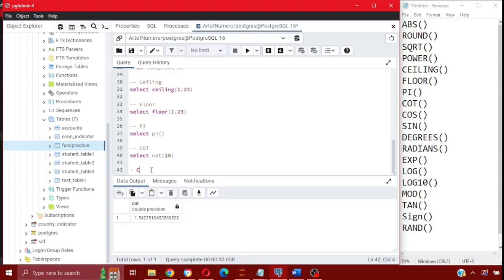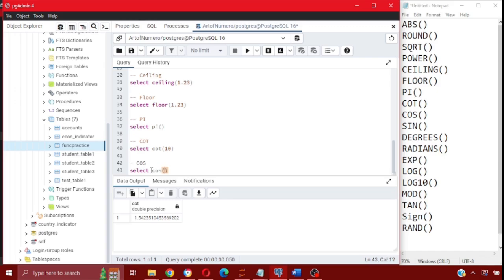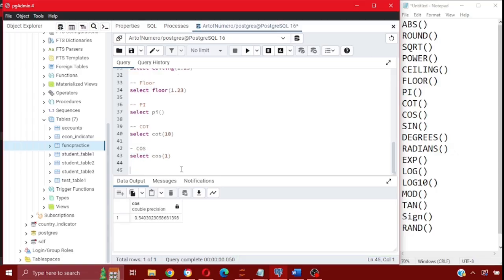Select cosine, and then just run and pass the parameter. For example, if you put 1, you're going to get the cosine of 1. Cosine and sine, those are the two things that you probably remember from middle school as well, and probably studied in high school.